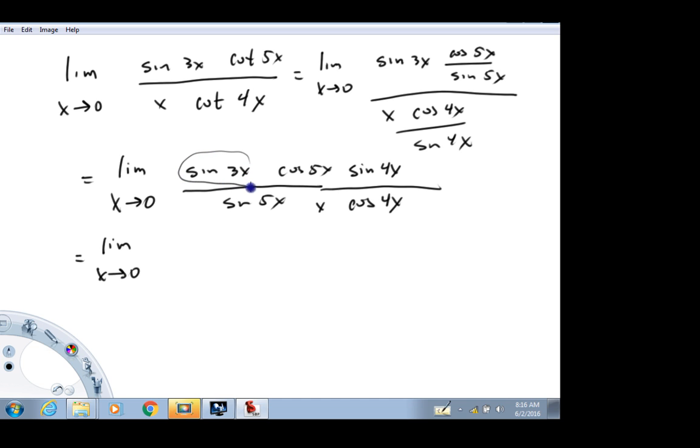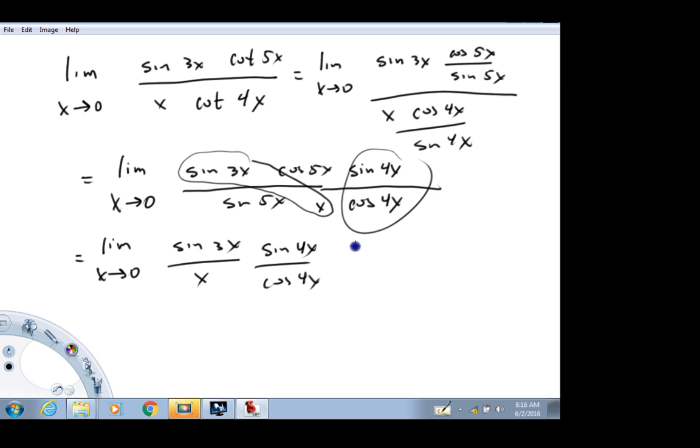I'm going to take this and group it with that x right there: sine of 3x over x. And this stuff right here, I guess I'll group that together: sine of 4x over cosine 4x. And then we've got cosine 5x over sine 5x.